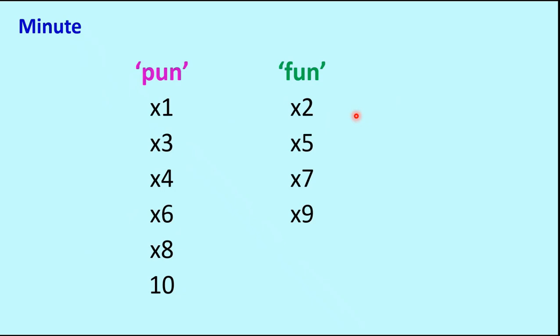So this we have to memorize. 2, 5, 7, 9 will be expressed in terms of hun and 1, 3, 4, 6, 8 and 10 will be expressed using pun. So we shall use these in various examples in the next slide.